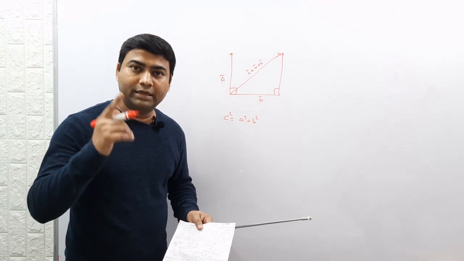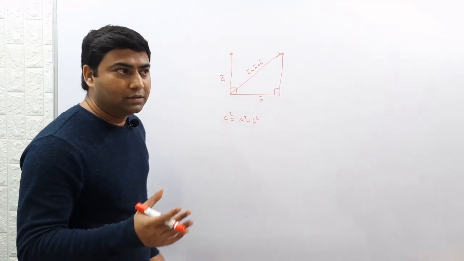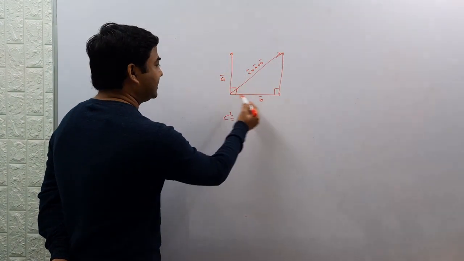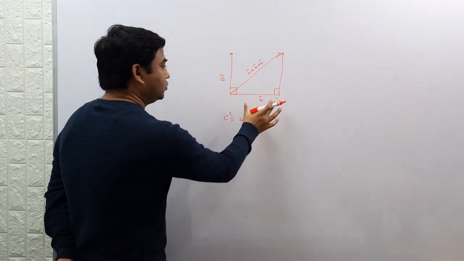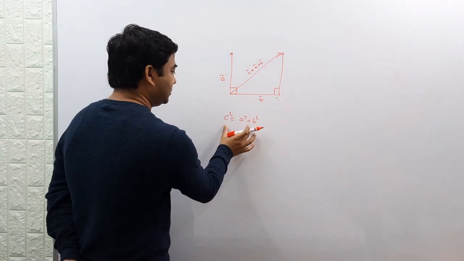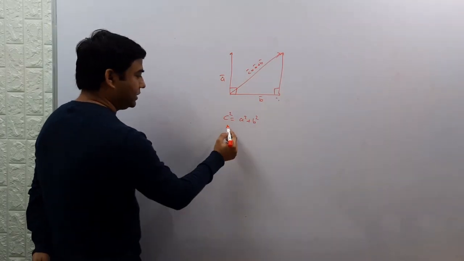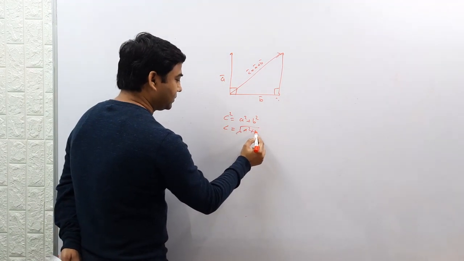Single resultant vector in vertical direction, single resultant vector in horizontal direction, and add these two. These will be the two vectors you will find to add finally. So C square, the resultant of these two perpendicular vectors, is A square plus B square.